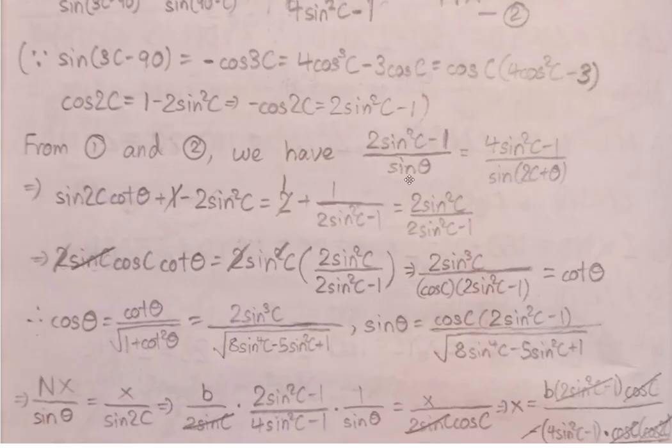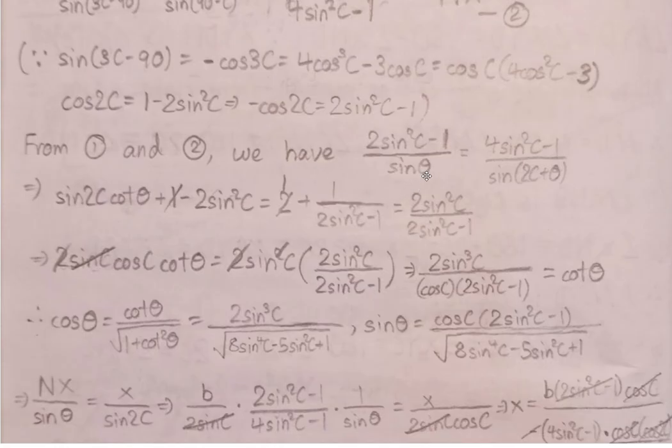And then divided by sine theta, the cos 2c into sine theta cancels out with this, becomes cos 2c, and sine 2c into cos theta becomes sine 2c cot theta, as you can see here. And cos 2c is just evaluated like this, because that's how you get cos 2c.